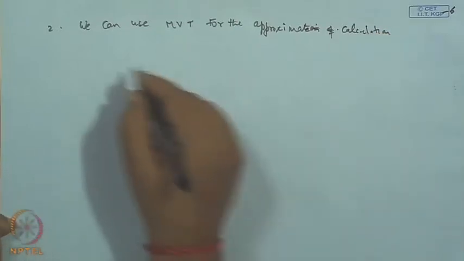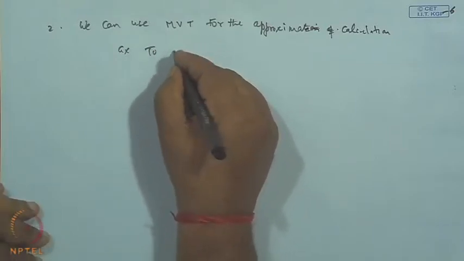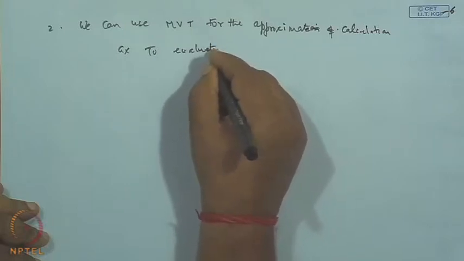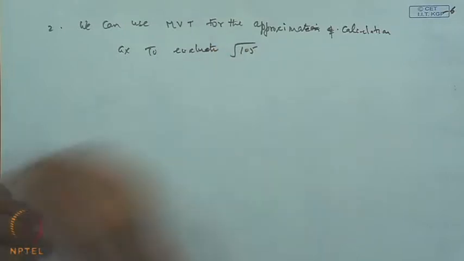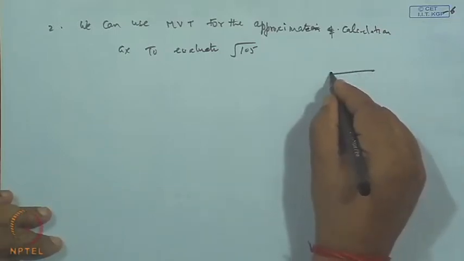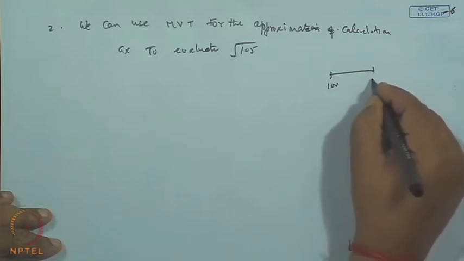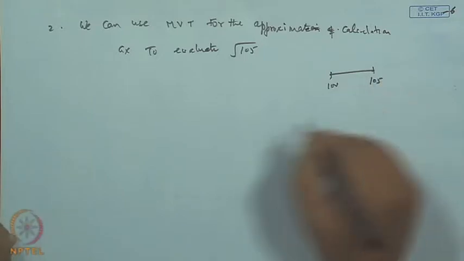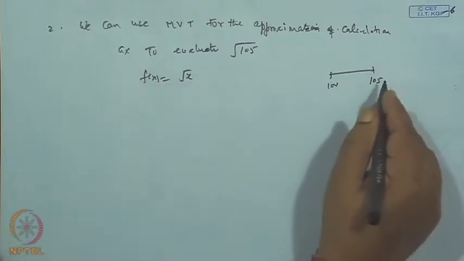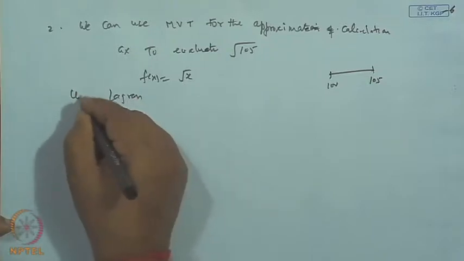Suppose we wanted to evaluate root 105. If I take the interval 100 to 105, and the function f x equal to root x, then apply the Lagrange's mean value theorem.